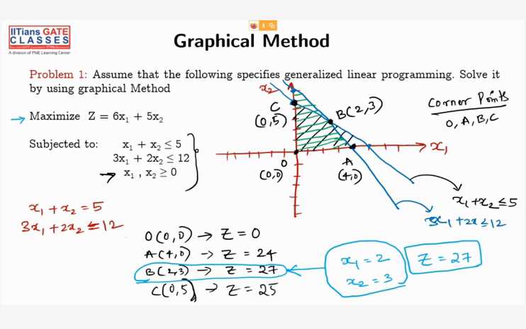Once you identify the corner points, you calculate the objective function at each corner point, and wherever the objective value is maximum, that is your maximum objective value, and the corresponding variable values are also taken from the values that you got here. Okay, so this is the method.